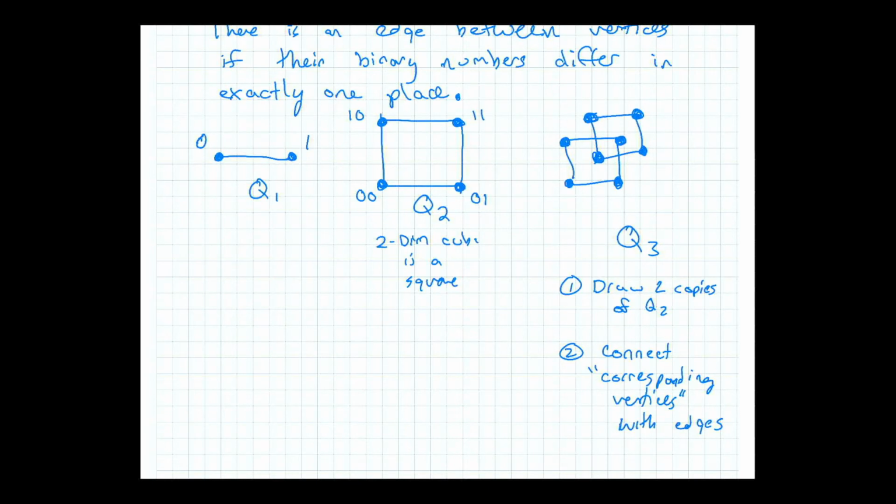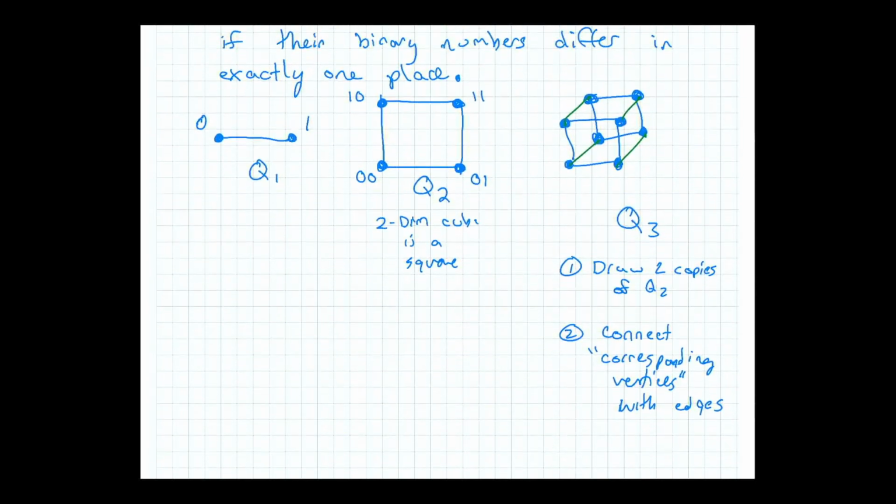Corresponding vertices mean like this. Like we've got top left, connect those. Top right, connect those. Bottom right, connect those. Bottom left, connect those. And you get a three-dimensional cube, which is actually a cube. Looks like a cube.